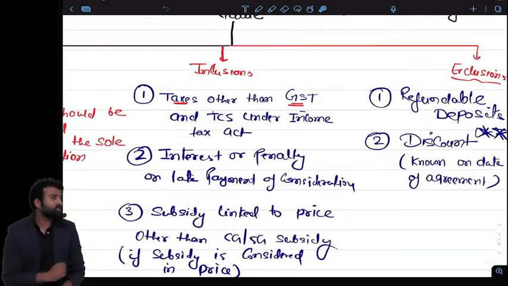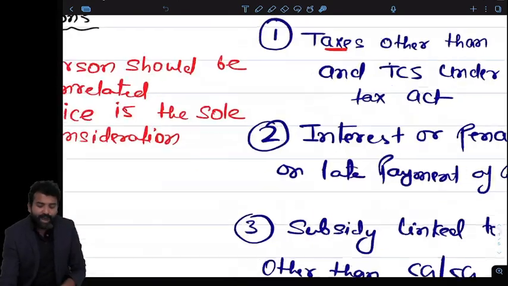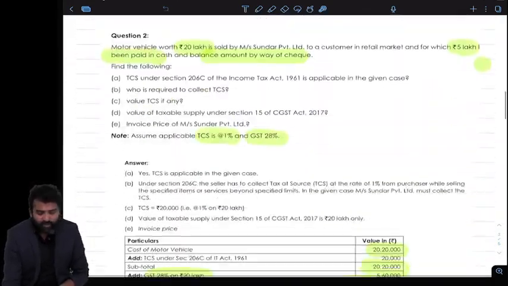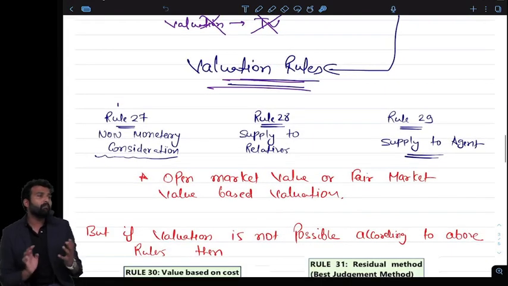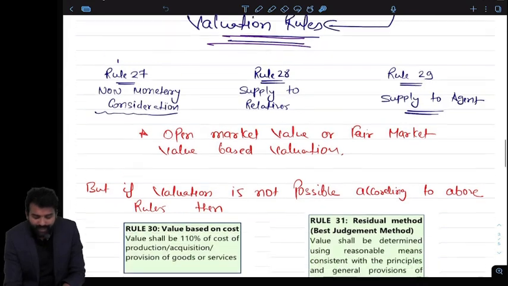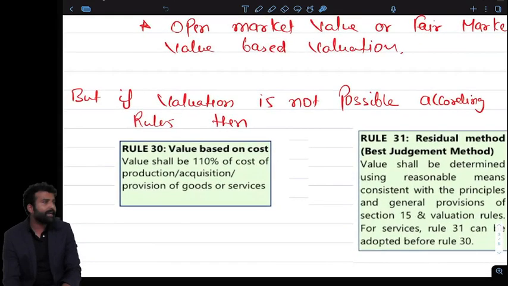And there are 2 exclusions as well: refundable deposits and discounts. However, if I am not able to fulfill these 2 conditions, then I have to go to the valuation rules. And what the valuation rules say is that I have to go for an open market value based valuation as per rules 27, 28 and 29. If that is not available, then I have to go for 110% of the cost of production. And even if that is not available, then I have to go for the best judgment.